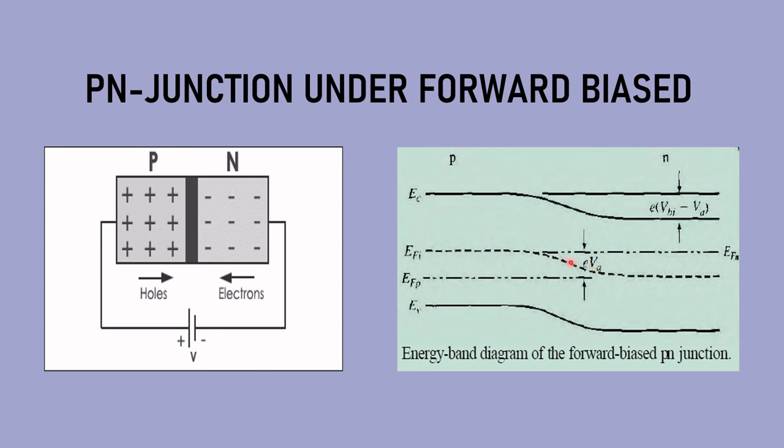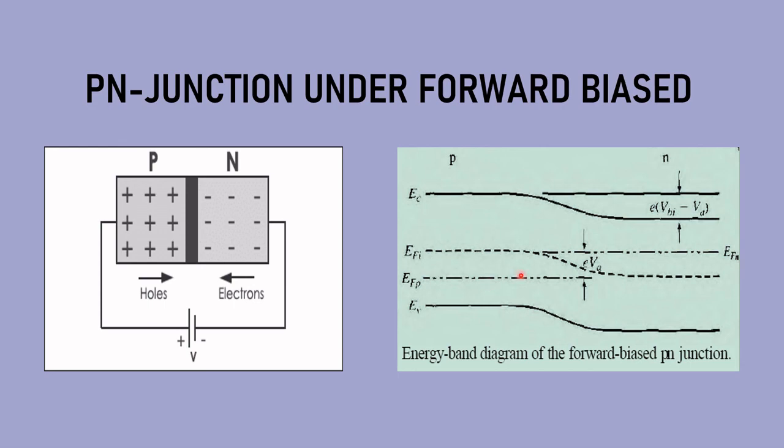For this voltage, the thermal equilibrium condition of a constant Fermi energy level is broken throughout the system. What we see here is that the Fermi energy on the n side is at a higher energy than the Fermi energy level of the p side.